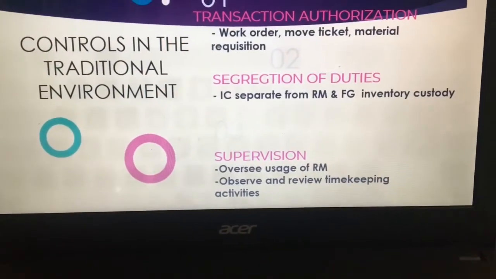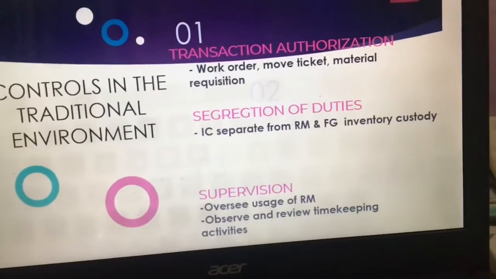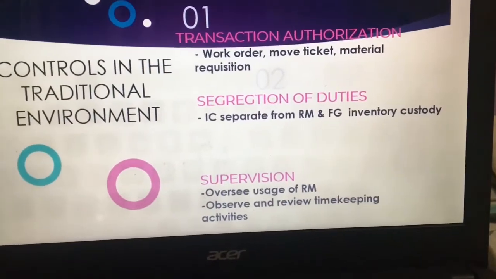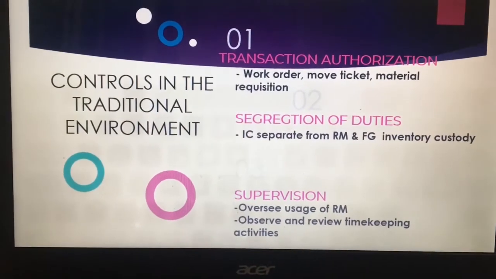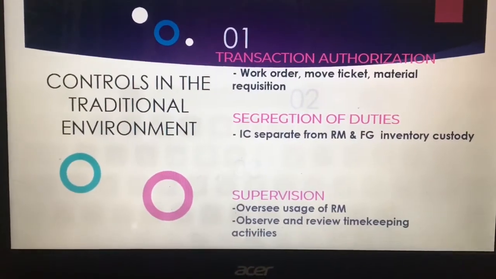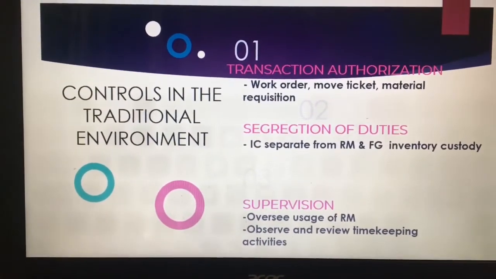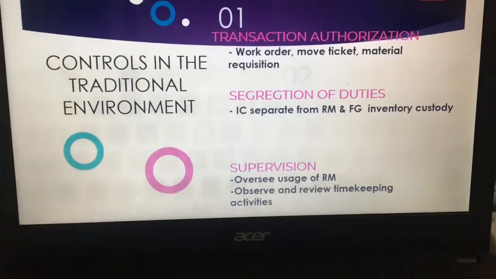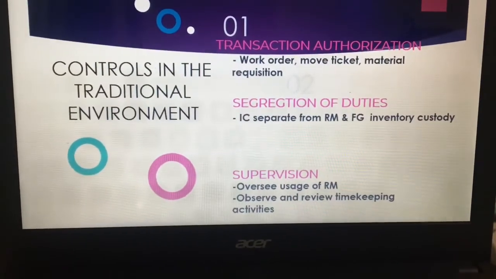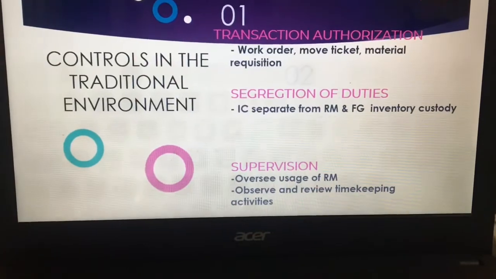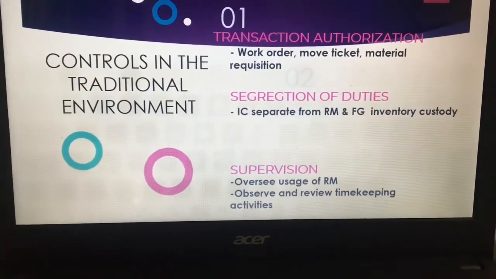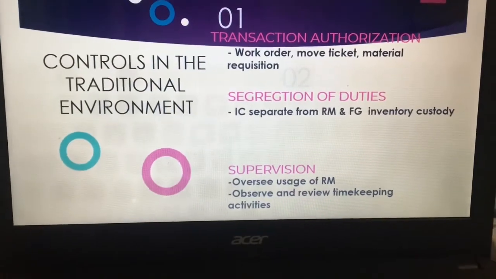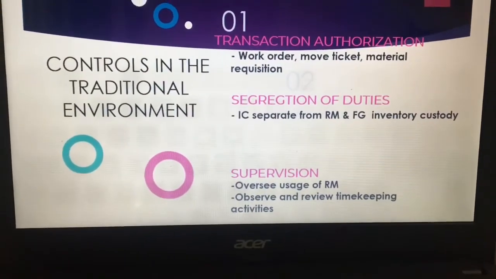This helps to ensure that all material released from the store is used in production and waste is minimized. Employee time cards and job tickets must be checked for accuracy. The next is observing and reviewing timekeeping activity. The employer must always review the activity because it leads to accurate employee time cards and job tickets.